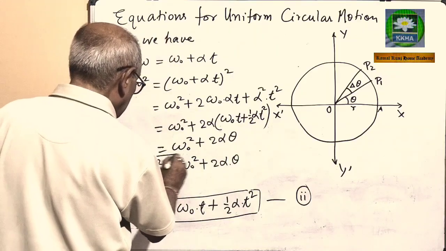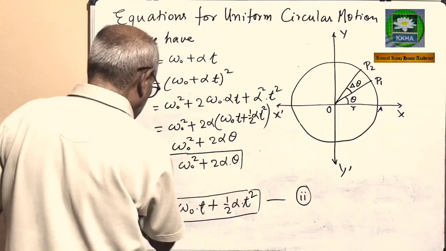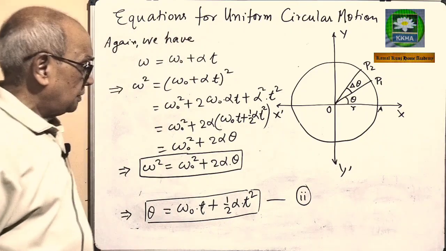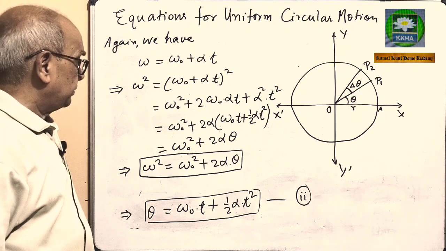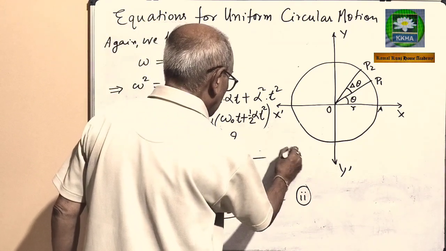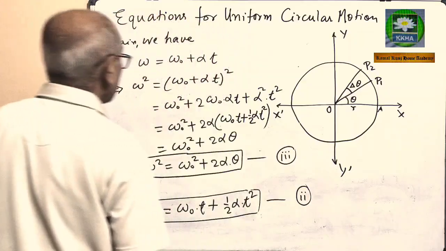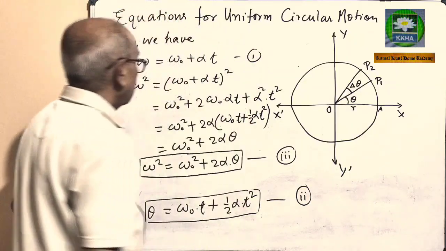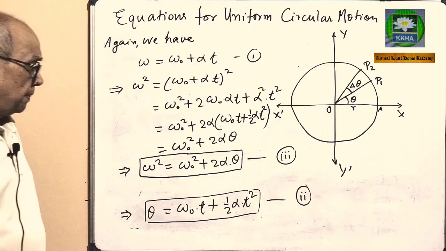This is the third equation for uniform circular motion, and this was the first equation for uniform circular motion.